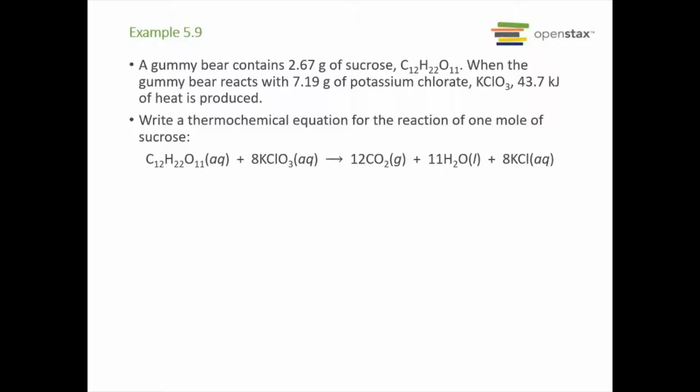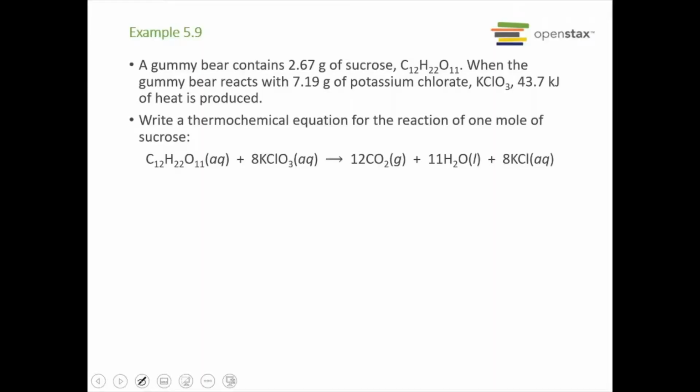All right, let's look at an example. Before we go to this one, I'm going to go to a blank screen and do a different one. We are told that 0.0500 moles of HCl reacts with 0.0500 moles of sodium hydroxide, and that forms 0.0500 moles of sodium chloride.